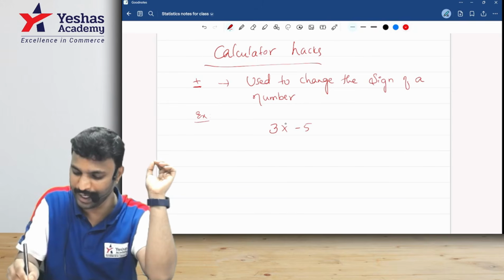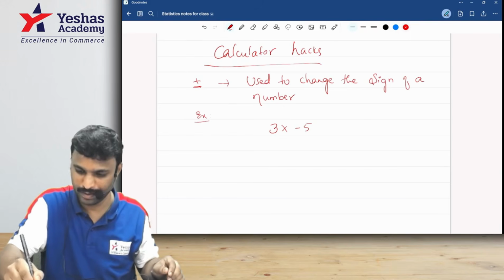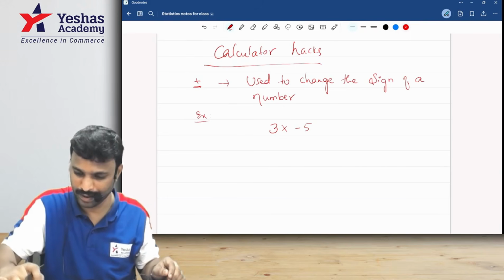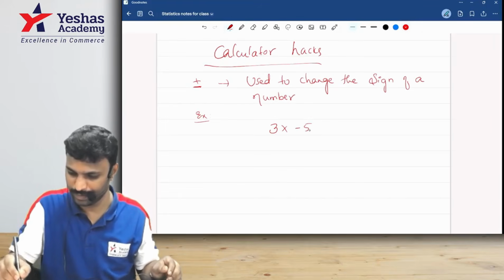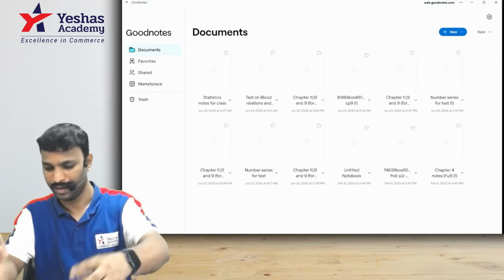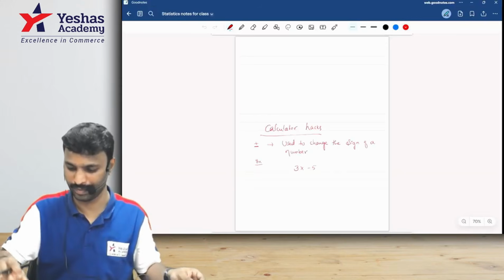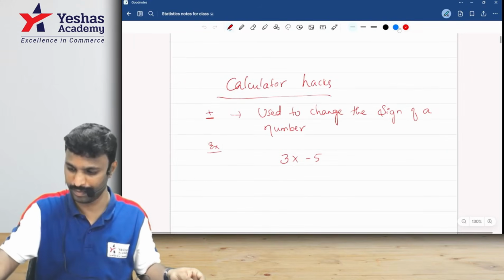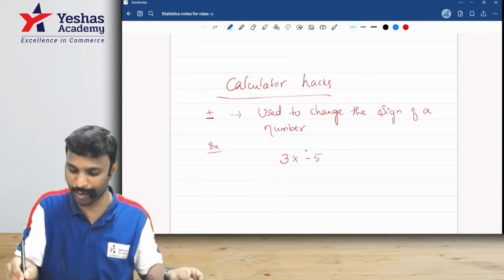It forgets about into. So the calculator forgets about this into.